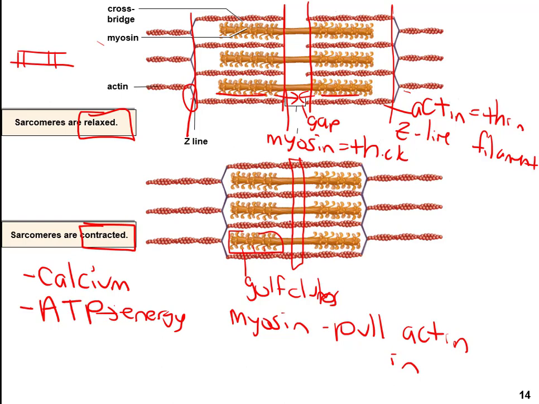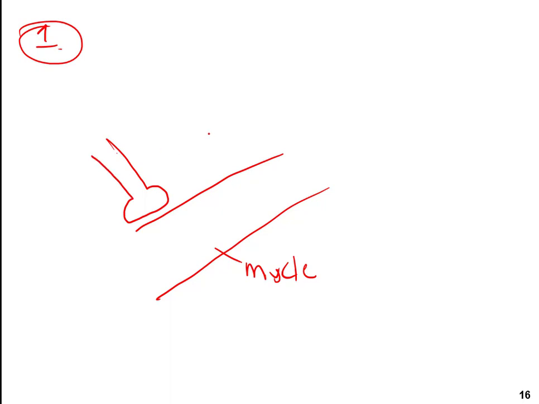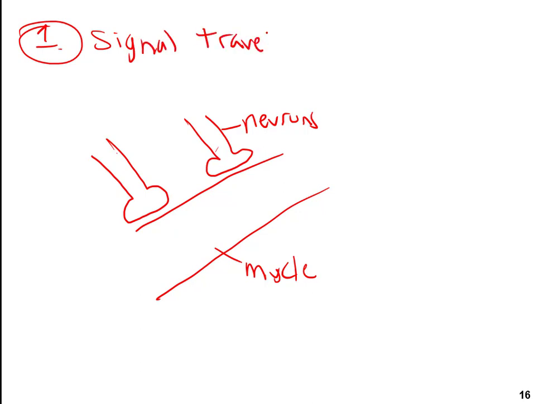So let's walk through the steps of a muscle contraction. There's a few steps. The first step: here's your muscle. Let's say this is one of your muscle cells. Attached to your muscle, you have nerve cells, neurons, because nerve cells control your movement. Now let's say you want to flex your bicep. Your brain tells your muscle to flex. So in the first step, a signal travels through the neuron to tell your muscle to move.